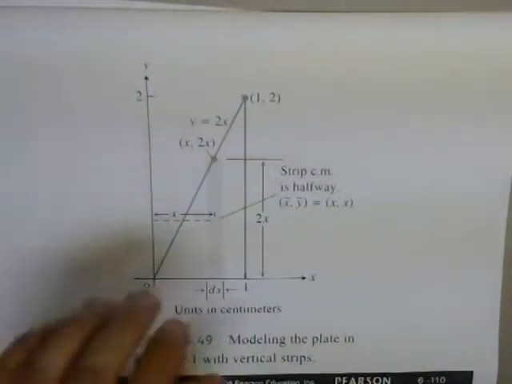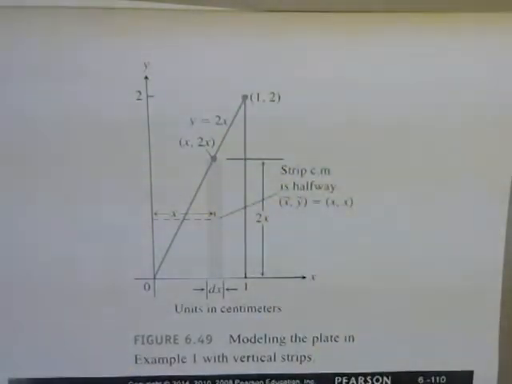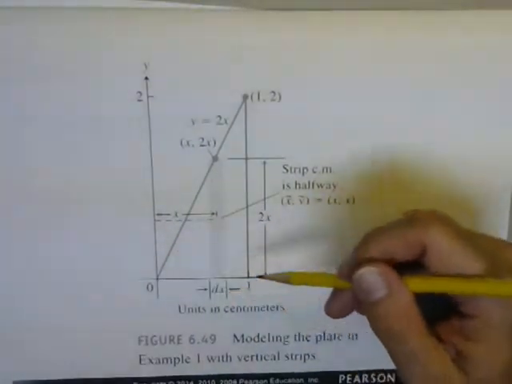So the height of the strip is given by 2x, right? And the thickness of the strip here is given by dx.